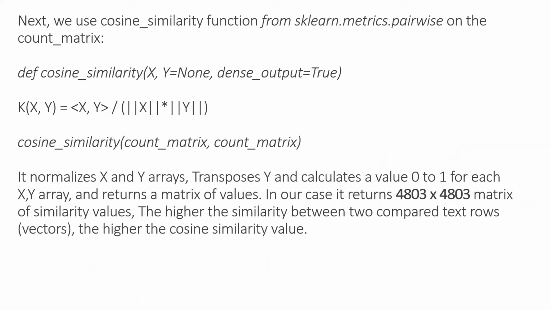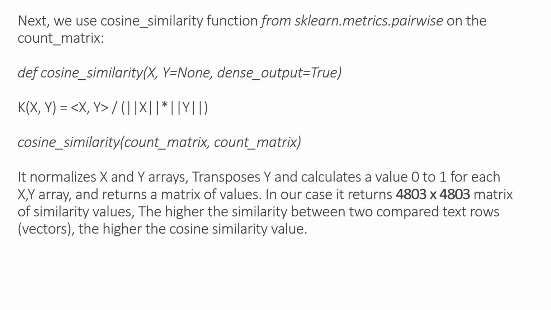Next, we're going to use our cosine similarity function from sklearn metrics pairwise. So on the count matrix, we define the cosine similarity, and then we have some math functions with cosine similarity and two matrices.